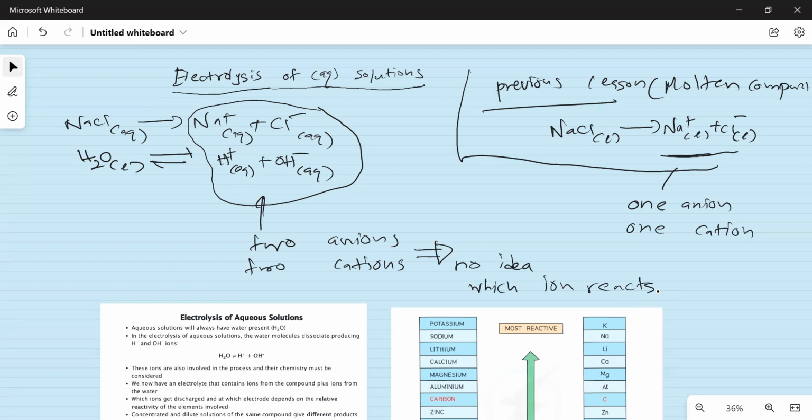So when we're electrolyzing an aqueous solution, we have no idea which ion reacts.